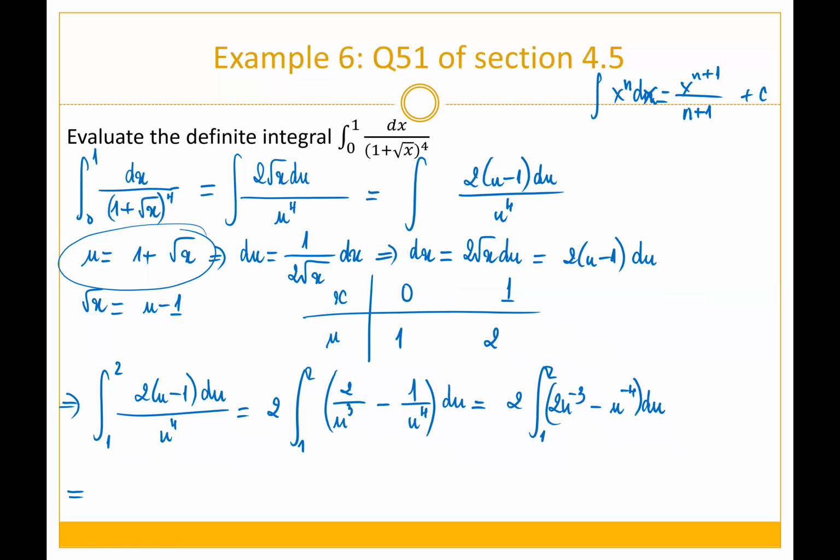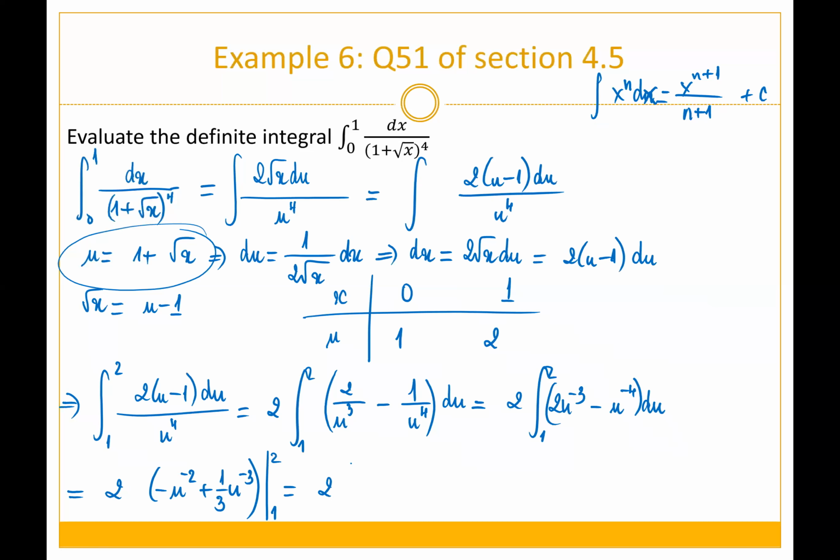And what we end up having is 2 outside, negative u to the negative 2, plus 1 over 3 u to the negative 3, from 1 to 2. And again, I told you not to bother about the plus c part here.